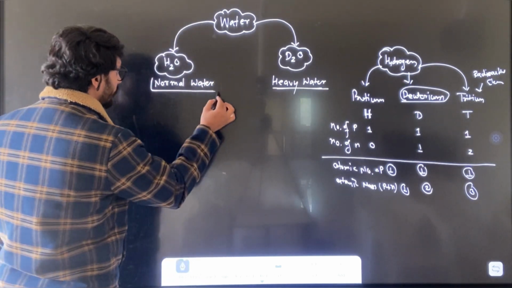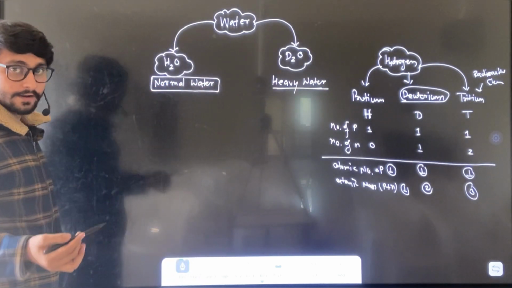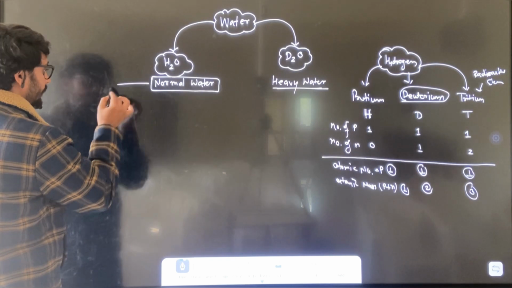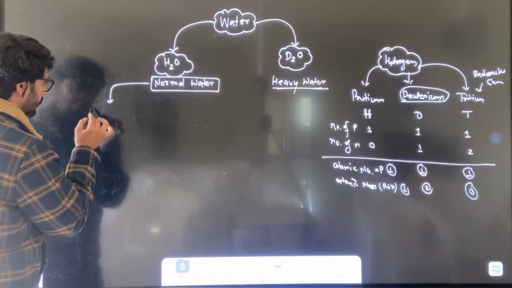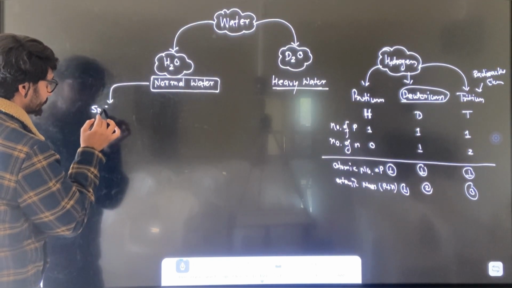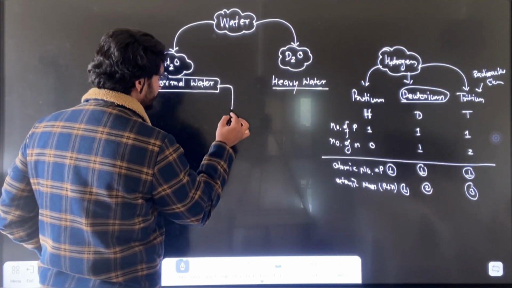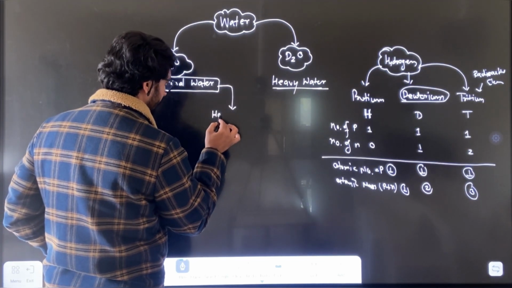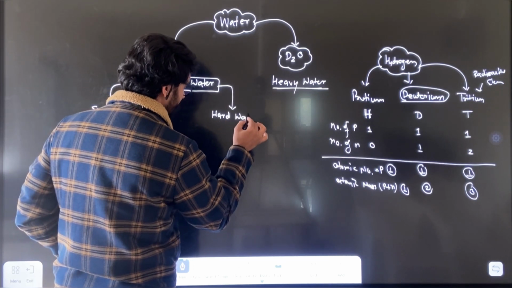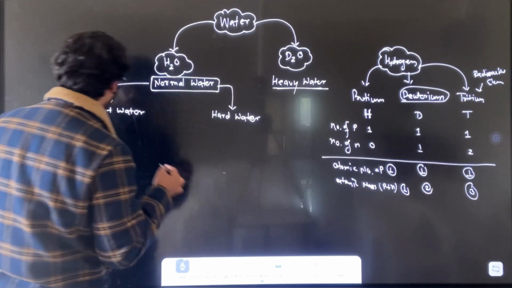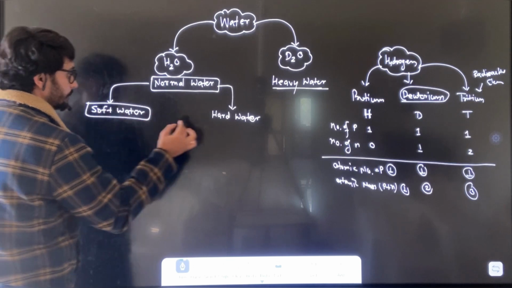Normal water can also be classified into two further types: soft water and hard water. What do we mean by soft water and hard water?